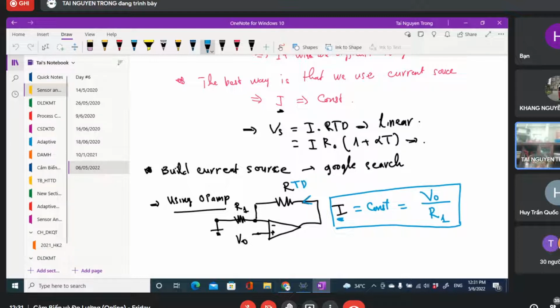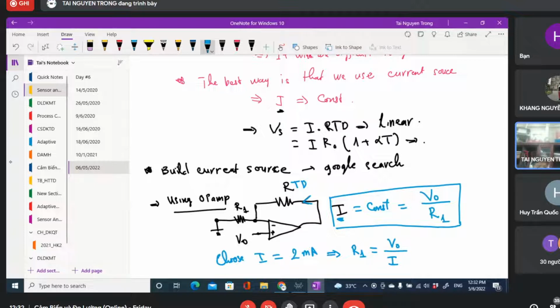Okay, and if we choose I equal to, I assume, 2 milliampere, then the R1 value will be V0 divided by I.